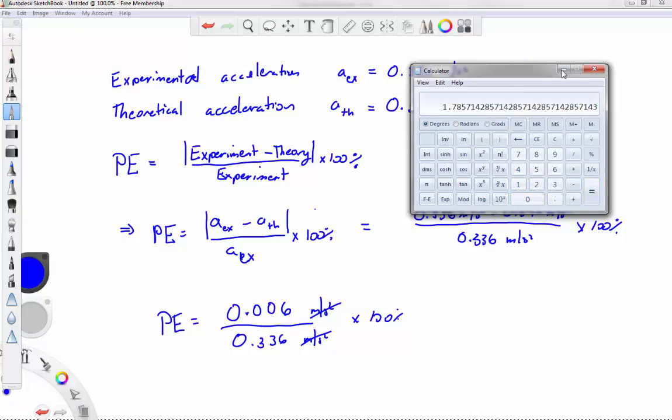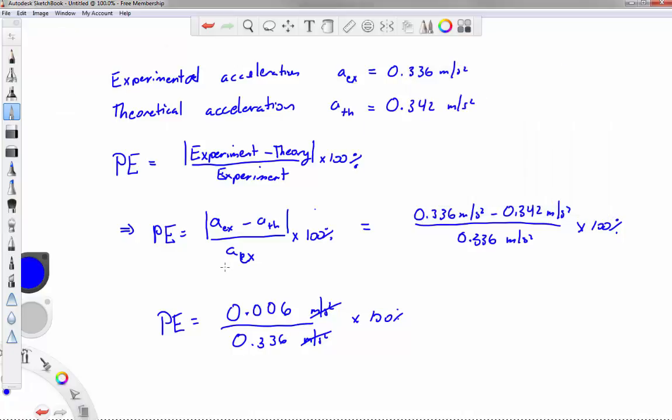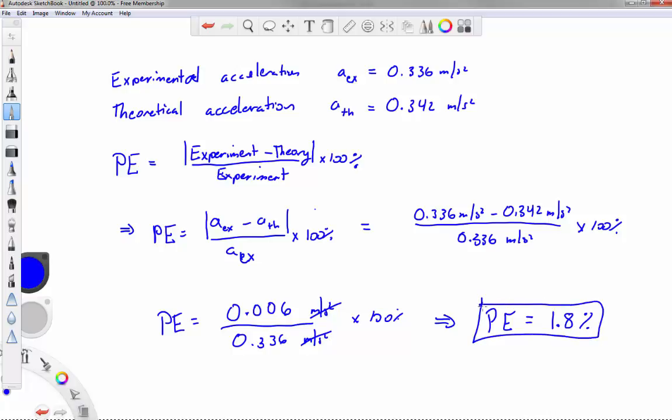And so it gets 1.785. So you could answer here that your percent error, PE, is equal to 1.79, for example. I usually keep only about 2 digits on a percent error. So here is what your percent error would be.